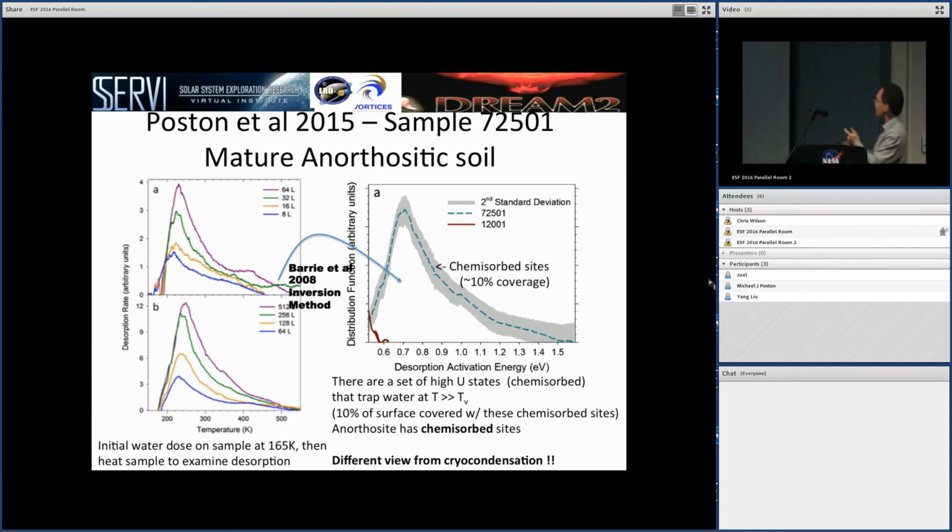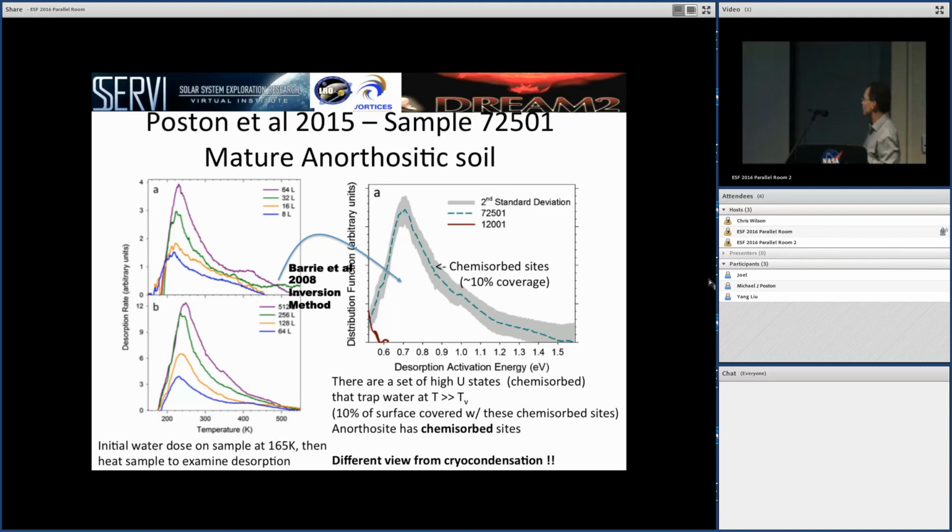If you use that Barry inversion method, you find that peak corresponds to a peak in the activation energies at about 0.7 electron volts or so. That's telling you the depth of those trapping wells. About 10% of the surface seems to be covered with what Michael called these chemisorbed sites. Now, again, this kind of picture is very different from cryocondensation.